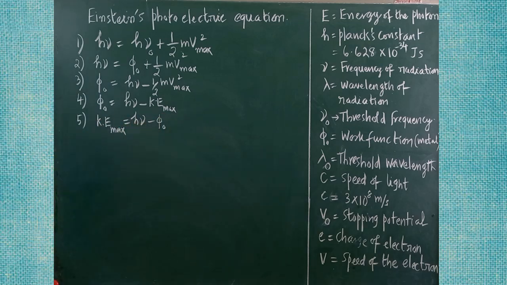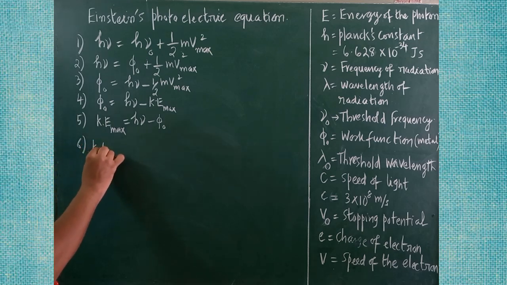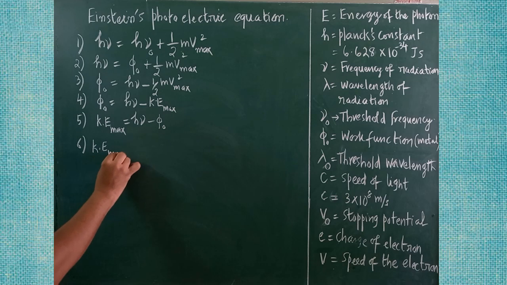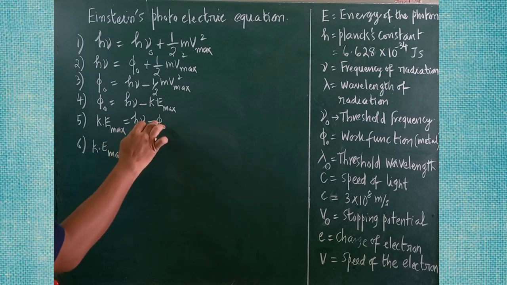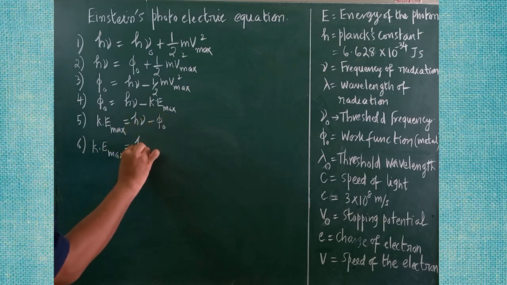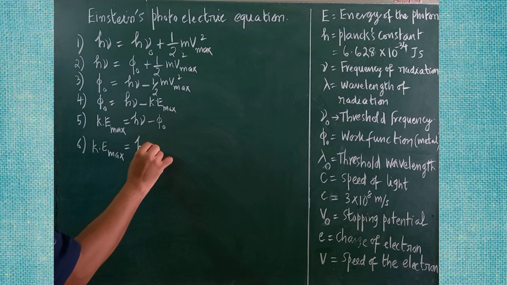Okay. And then sixth formula, Ke max, the maximum kinetic energy of the photoelectron is equal to h nu minus h nu naught.